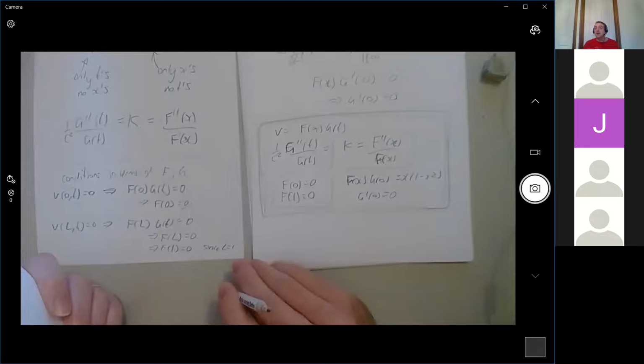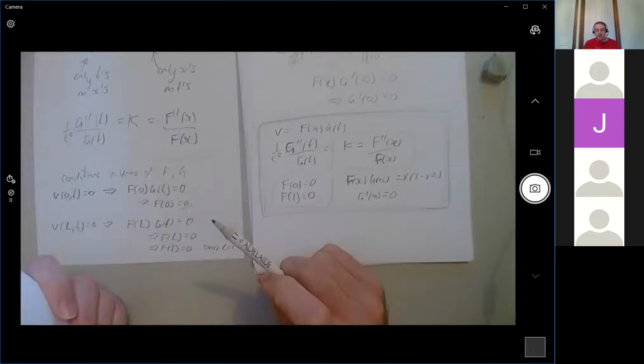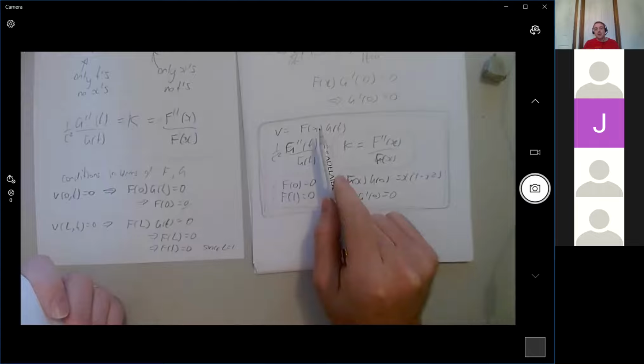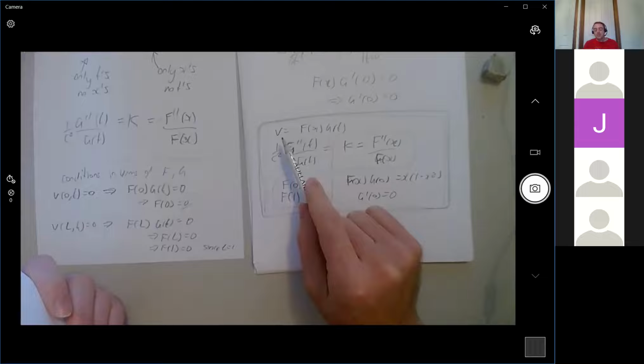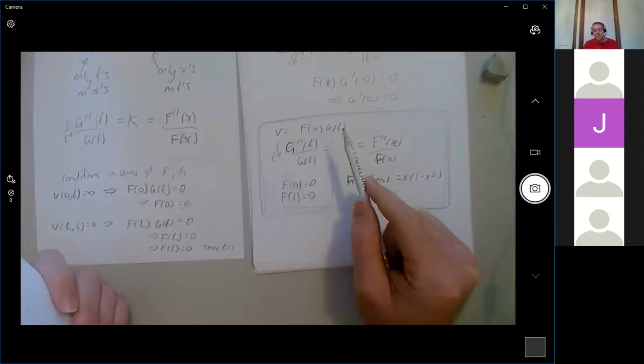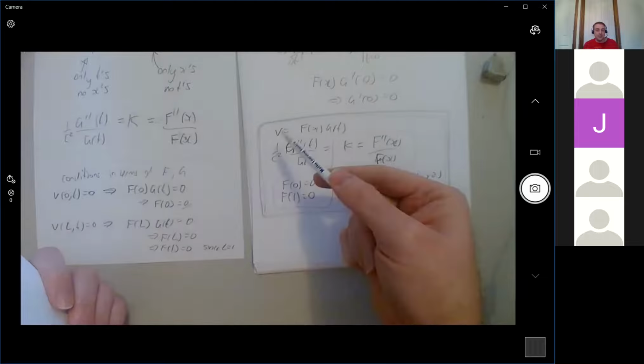That's something that didn't make sense to me for a couple of years of helping students with this. It freaked me out. We've made this assumption, but this is only going to give us one option for what v is. To find out what v really is, we're going to have to add all of these options together. So there's actually going to be several different f's and g's that we multiply together, and then add together to get the answer for v in the end.